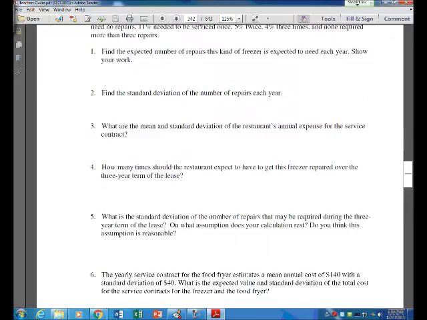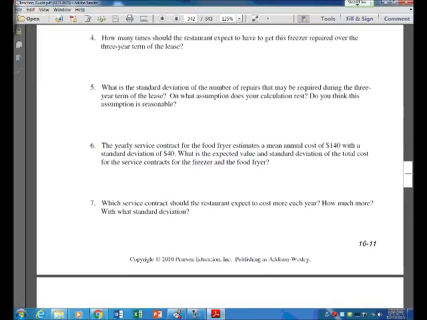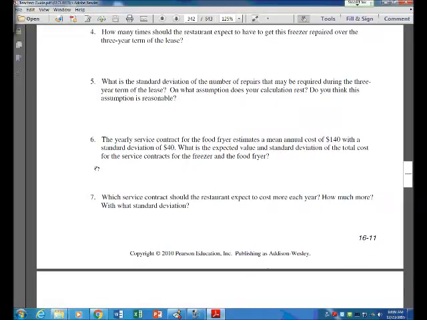I'm going to clear that, and continue down here with 4, 5, 6, and 7. How many times should the restaurant expect to have to get this freezer repaired over the 3-year term of the lease? That means I need the expected value for the first year, plus the second year, and then the third year. So we're looking at 3 distinct random variables.